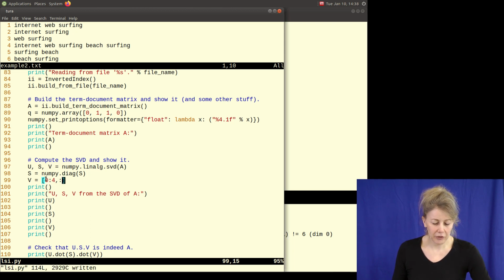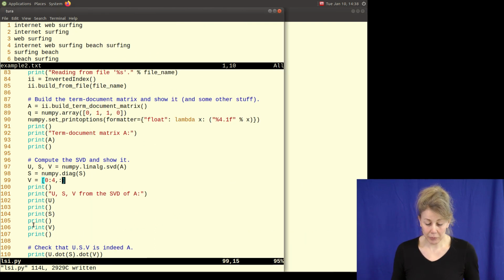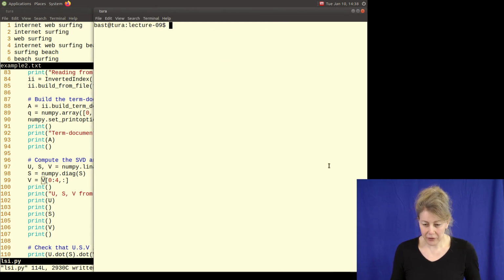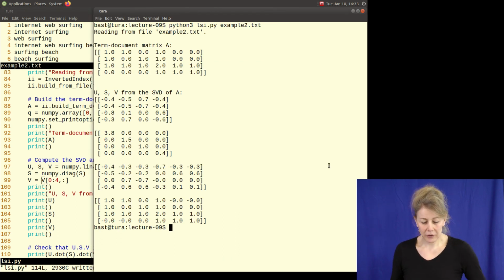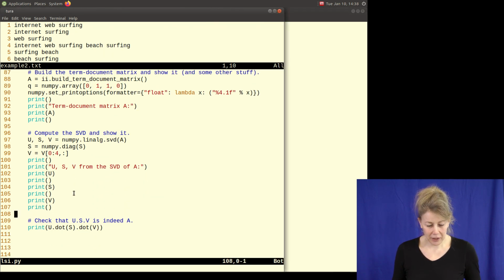This just says first 4 rows, 0, 1, 2, 3, not including this one, and this just means all columns. Oh yeah, you have to absolutely say that. And now let's maybe add a new line at the end here.